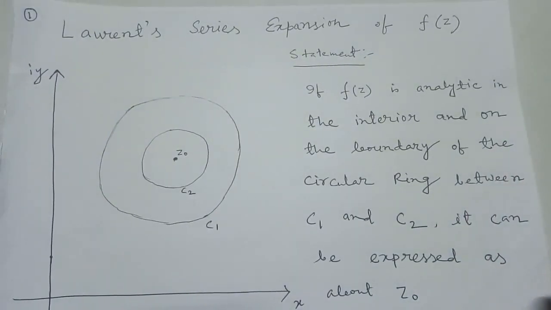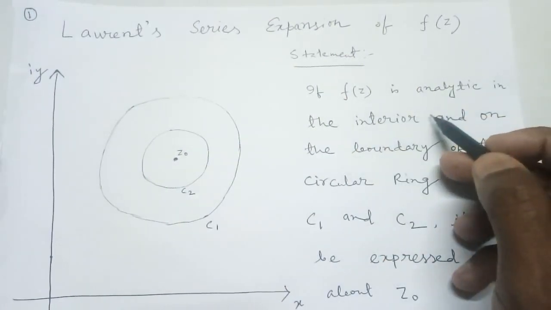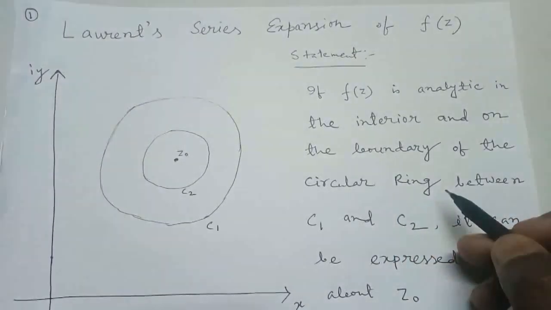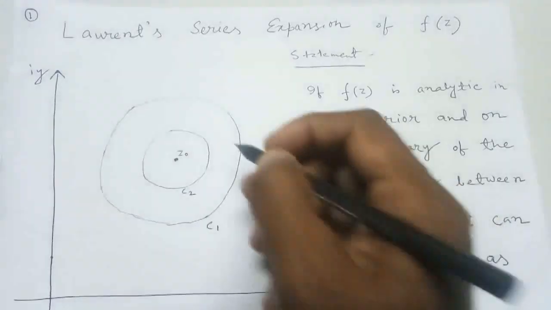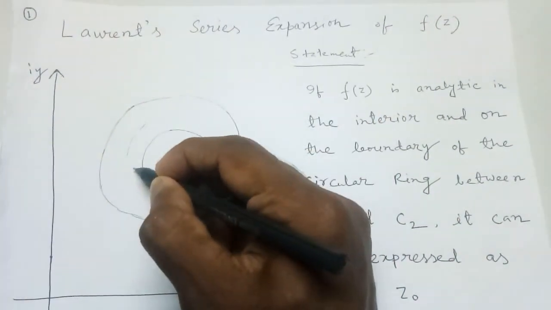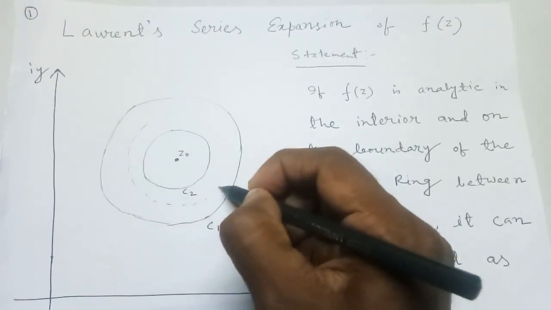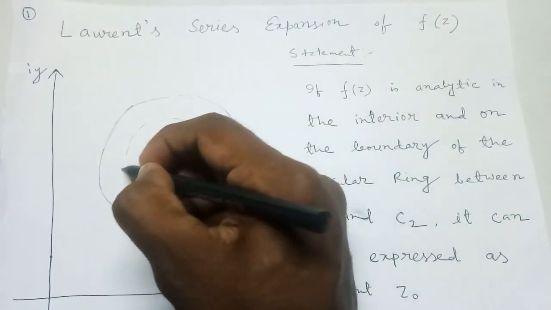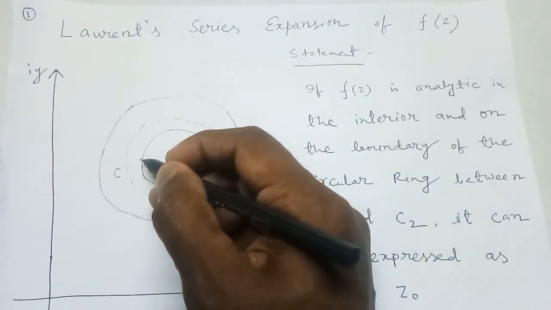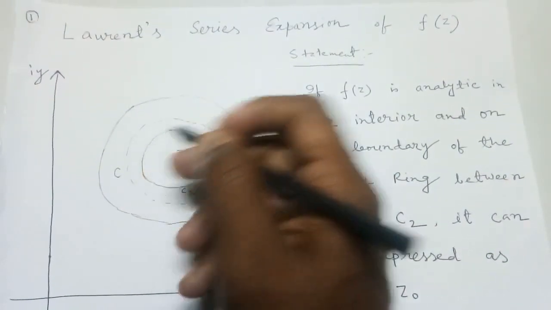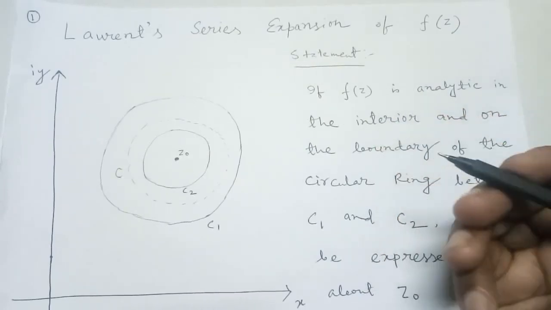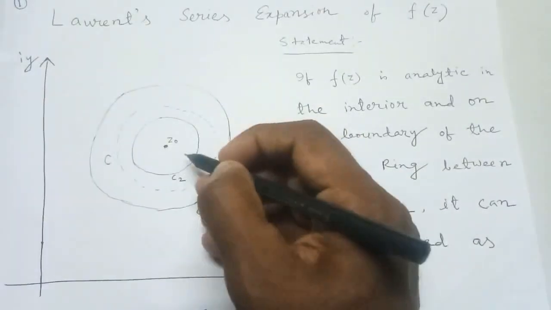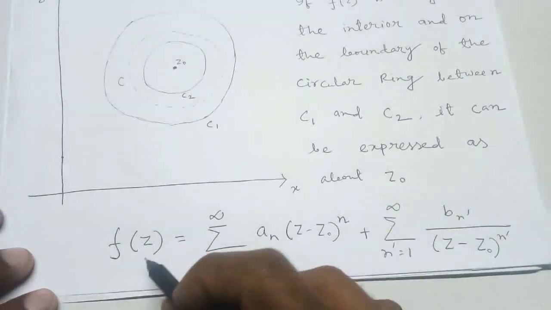So the statement is as follows: if function of z is analytic in the interior and on the boundary of the circular ring between C1 and C2, which means within this ring, at every point and also on the boundary, the function of z is analytic, then the function of z can be expressed about the point z0 given by this relation.